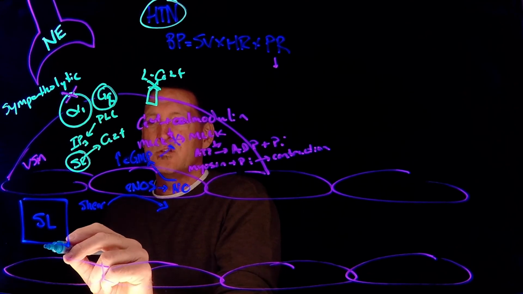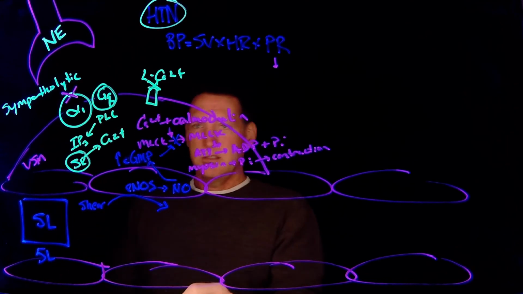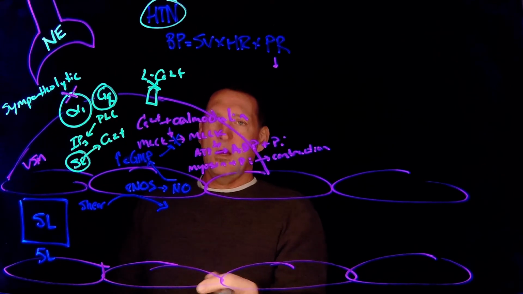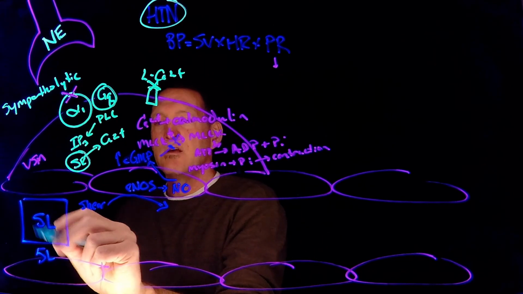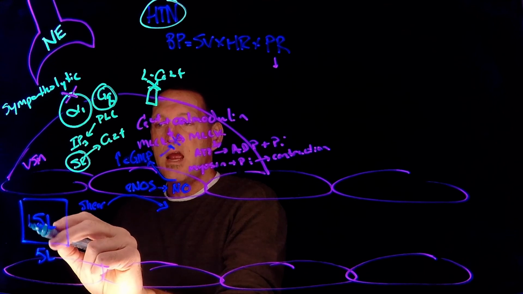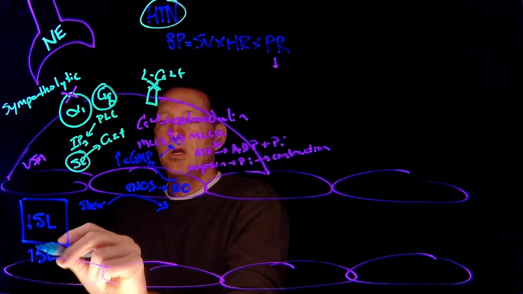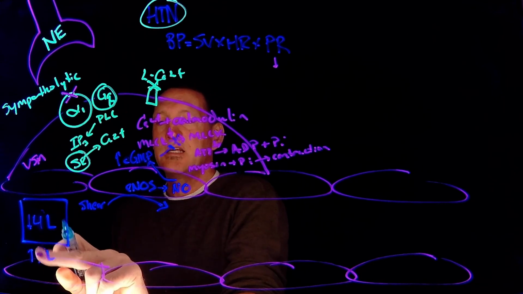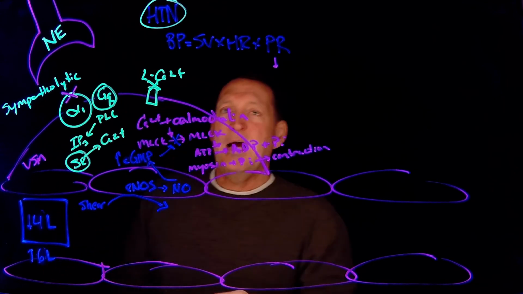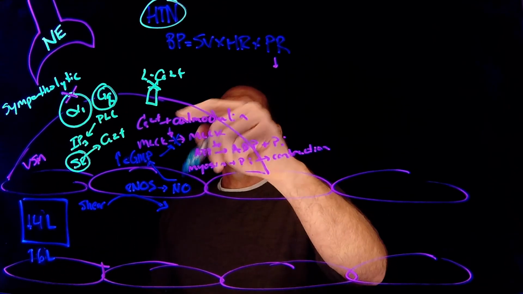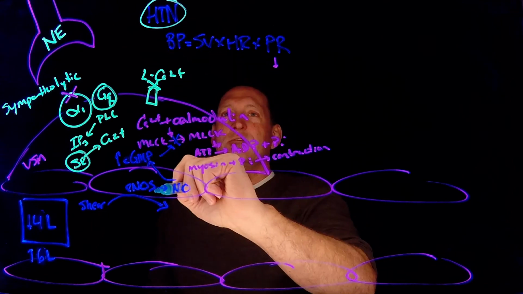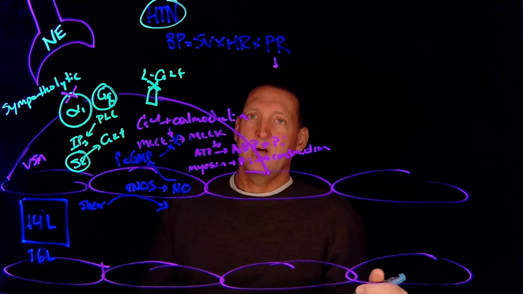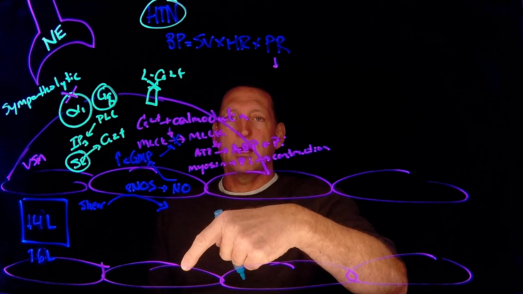And those 5 liters of blood are in a 5-liter bucket. However, when you have shock, what happens is the volume goes down and the bucket gets bigger. So now I might have 4 liters of blood in a 6-liter bucket. So as you can imagine, instead of a hypertensive state, you're in a severe hypotensive state, and your blood pressure is dropping.